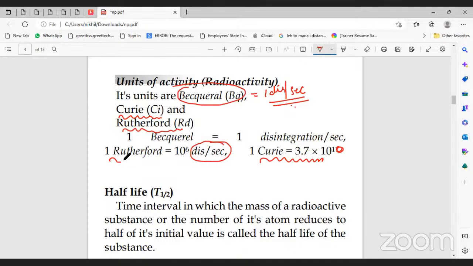One Rutherford is equal to how many disintegrations per second? 10 power 6 disintegration per second. So please remember this, we require this in the case of problems. 1 Curie equals 3.7 into 10 power 10 disintegration per second.